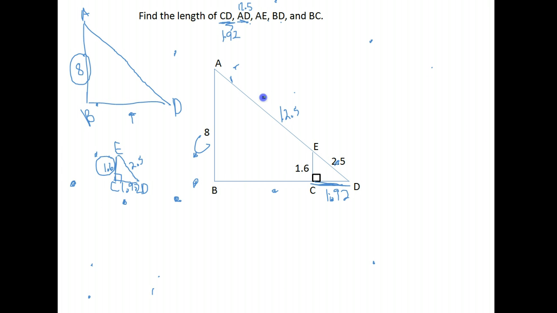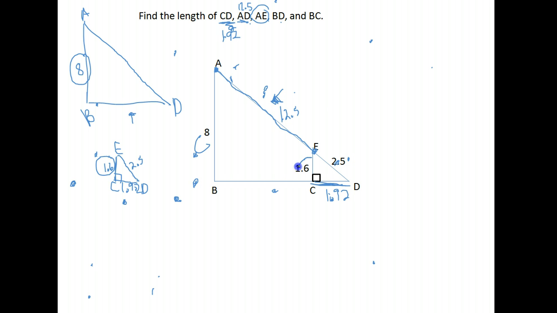The next thing we were asked to find in this problem was AE. So let's take a look at where AE is located. Notice it's the shorter section here from A down to E. We just found AD, that entire side there is 12.5. So this is going to be a little easier. We don't have to use proportions.